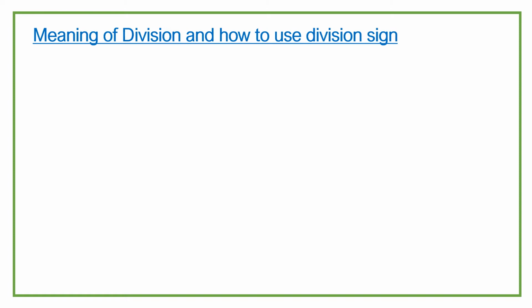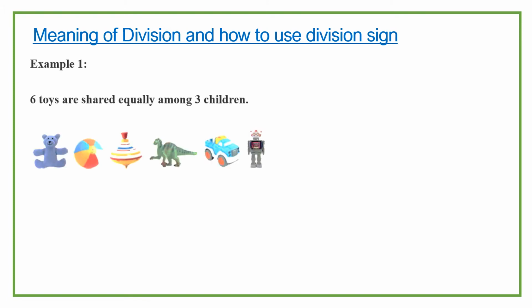In this lesson, we will learn about the meaning of division and how to use the division sign. So let us look at this example to understand what is the meaning of division. 6 toys are shared equally among 3 children.